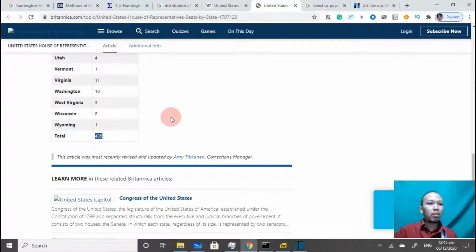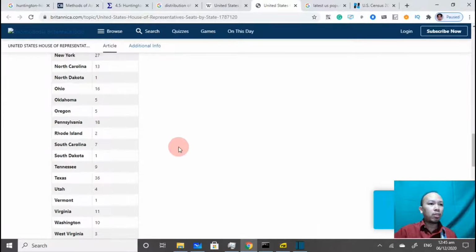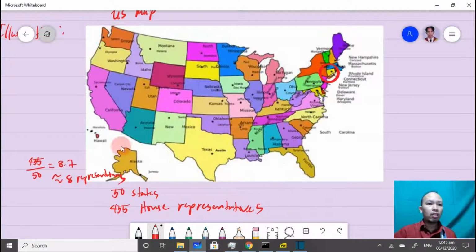What method do they use lately? Is it Hamilton, Jefferson, Webster, or Huntington-Hill apportionment method? Maybe you have to search for that. As I've discussed earlier, you cannot distribute 8 representatives equally, because there are states that have more people.